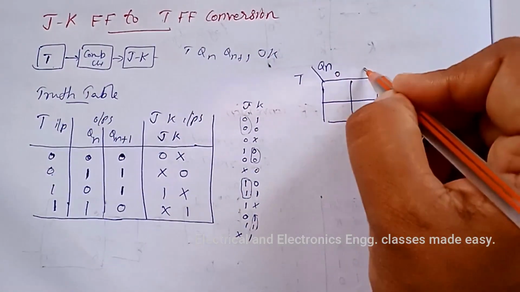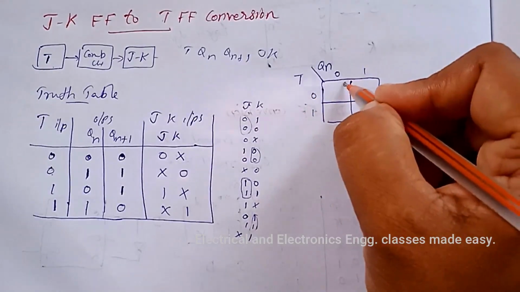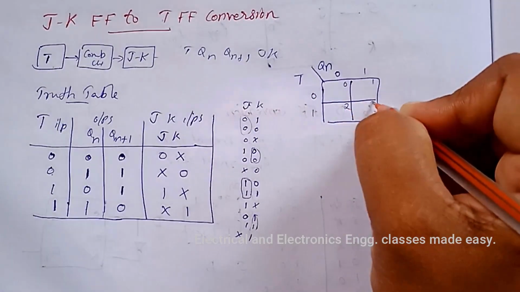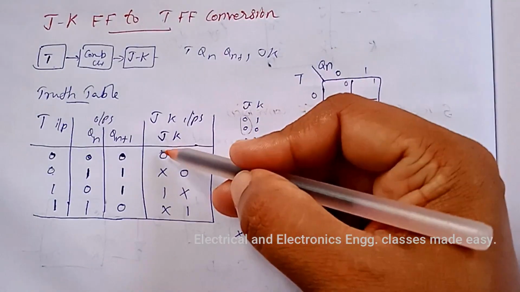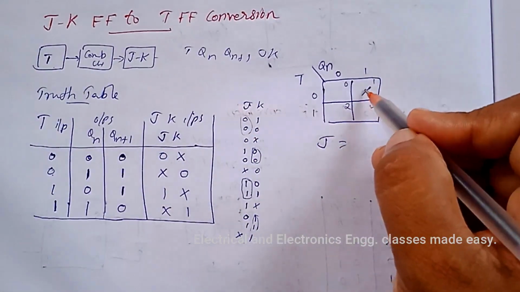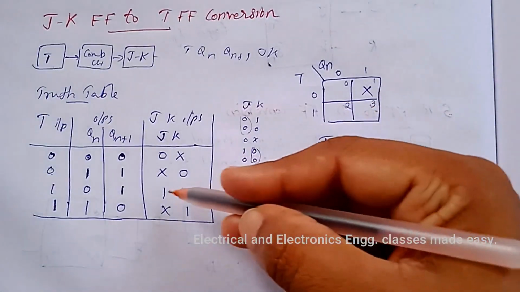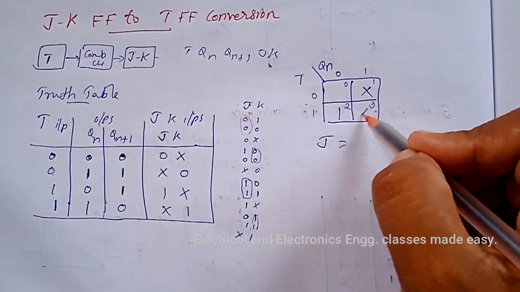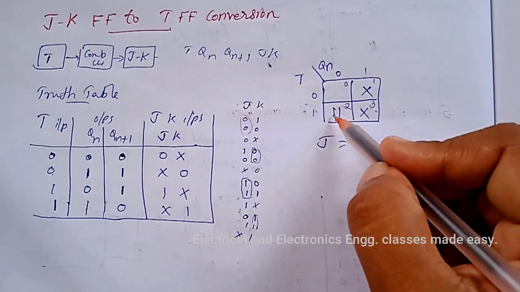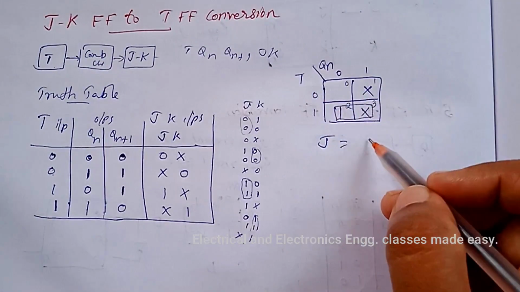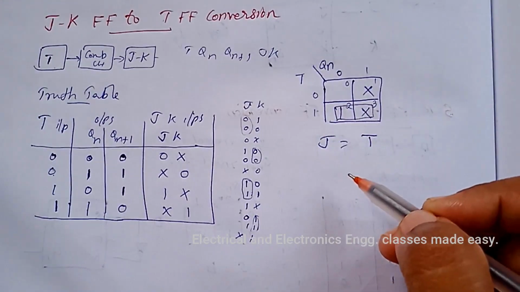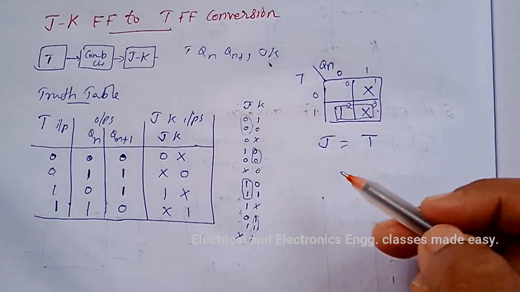So here 0 1, 0 1, 0 1 2 and 3, and for J: 0, then don't care, then 1, don't care. And these two squares we can combine, and that is equal to T. So we get J equal to T.